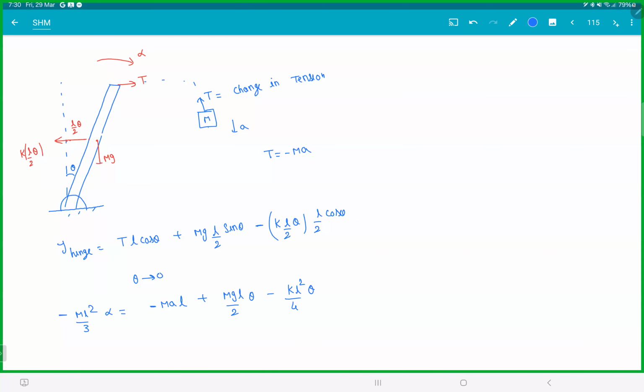And remember here, at this point, acceleration A is equal to L alpha, because the string and the block are connected by the same string. Minus ml square by 3 alpha, minus ma, minus ml square. Yeah, this is plus only because we took it in the same direction.